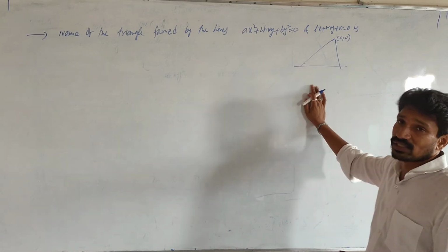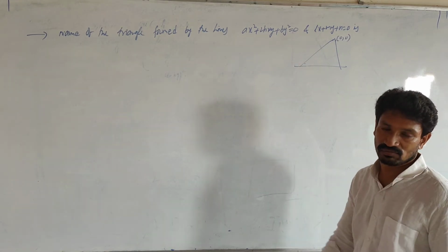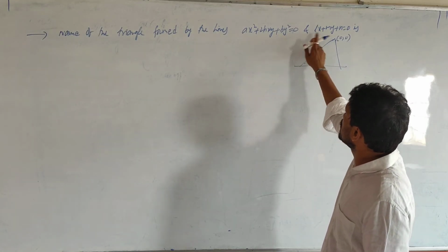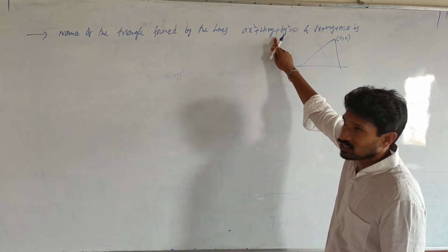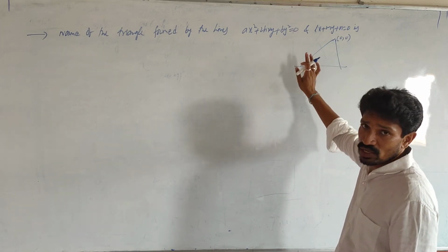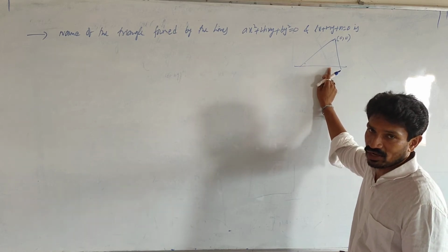Another method is by observing the coefficients. These two straight lines, that means here the pair of straight lines, make an angle with lx plus my plus n is equal to 0. That means angle theta I am not giving here.